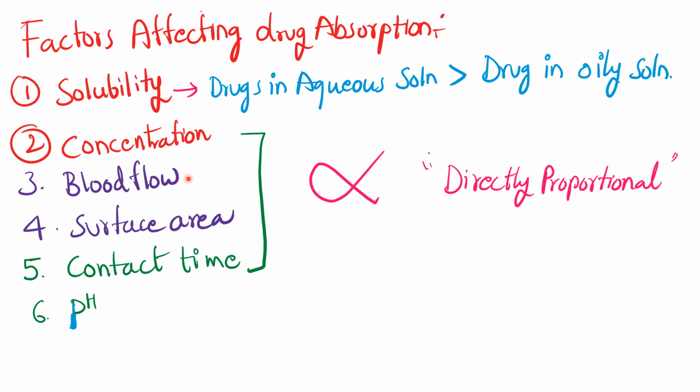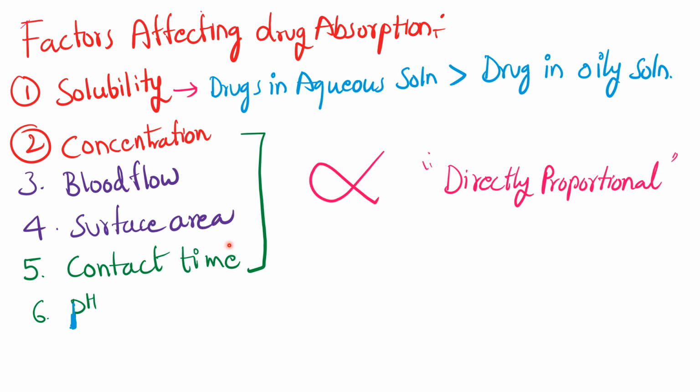Surface area, as we know, the surface area available for drug absorption can also impact drug absorption. A larger surface area will allow more contact between the drug and the absorbing surface, which can increase the rate of absorption. For example, the small intestine has a large surface area due to villi, which enhances absorption.